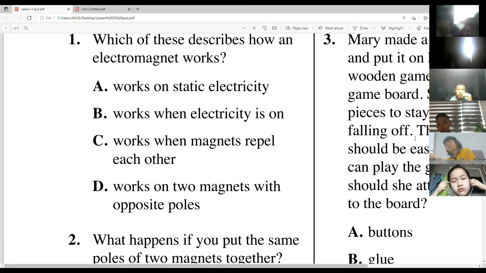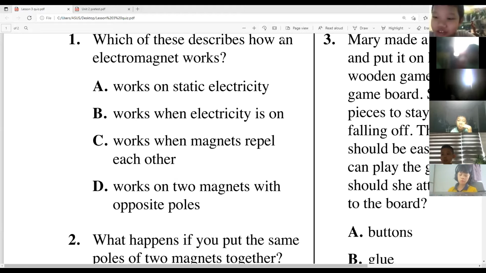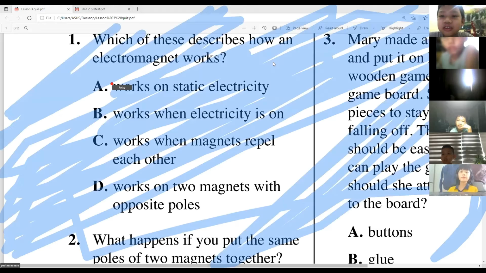How does the electromagnet work? A, B, C, or D? Circle the answer you think it is. You guys can draw, but we do not want to scribble. In 3, 2, 1, go.